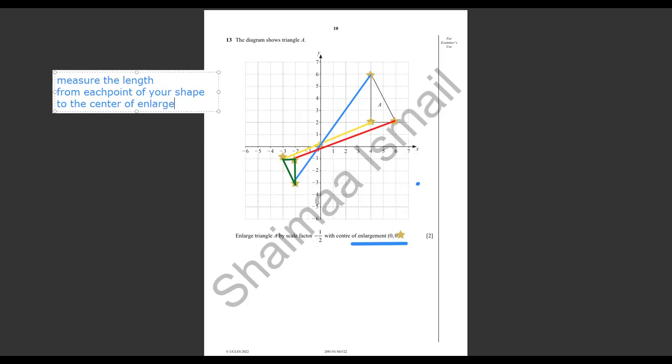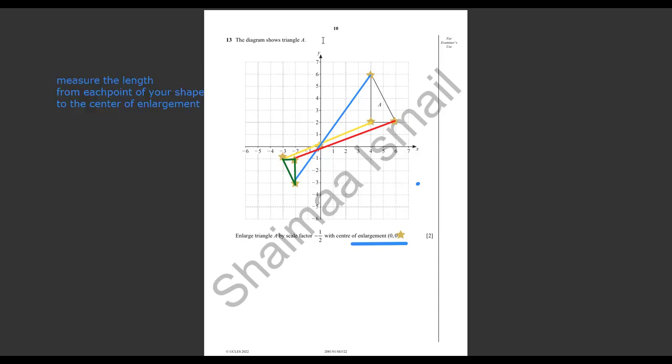After you measure, for example, I found 4 centimeters. I take this 4 and multiply it by the scale factor, SF. Okay, take this measure and multiply it by SF.